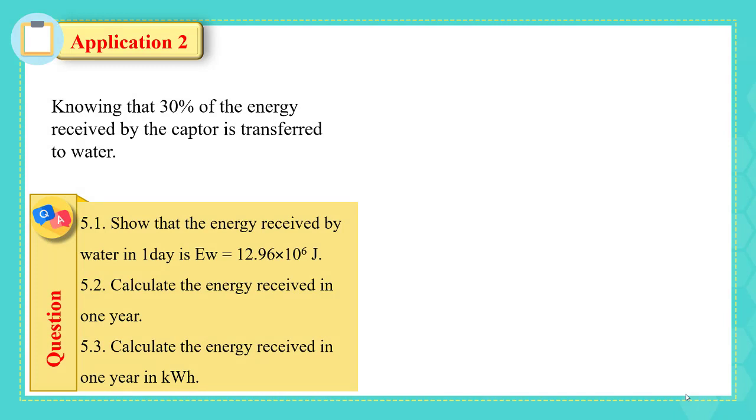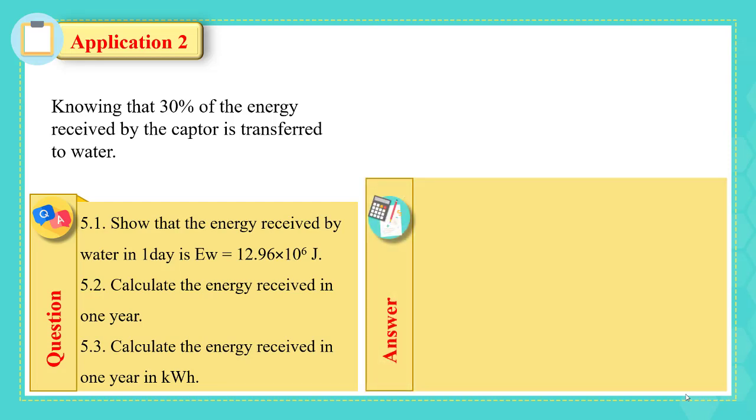In question 5.1, we have to show that the energy received by the water is 12.96 times 10 power 6 joules. The efficiency is given by 30%. It is equal to the ratio of the energy furnished to the energy received. In this case, the energy furnished is the energy received by water.